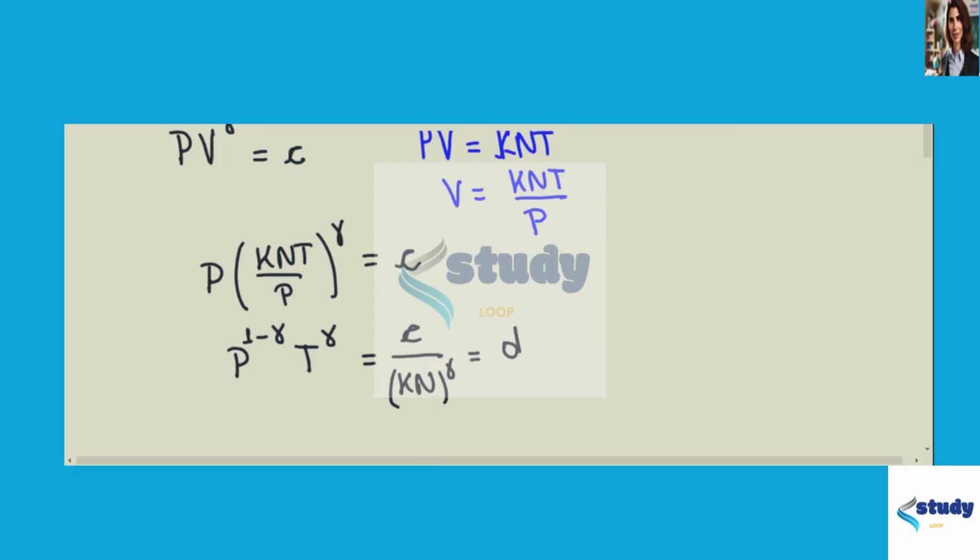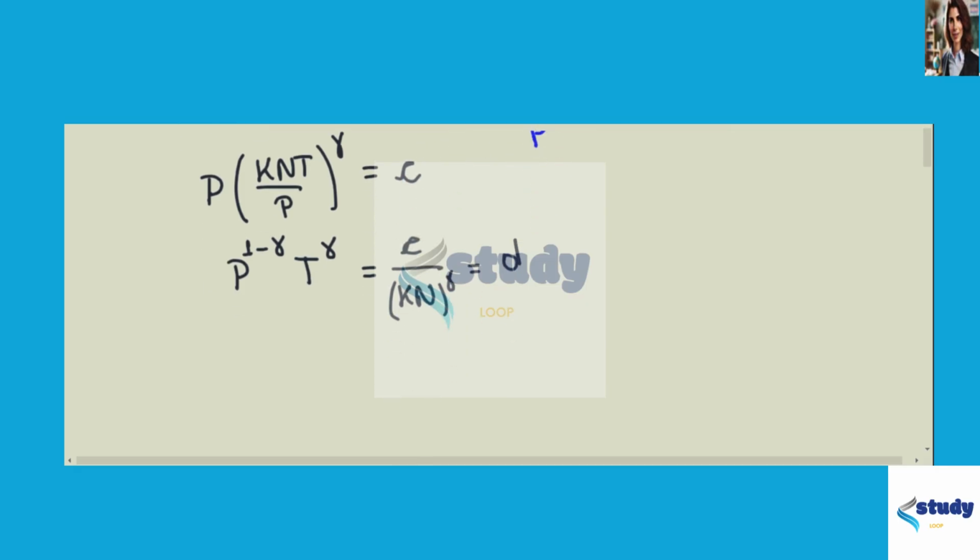I'm going to call this D. So P to the 1 minus gamma times T to the gamma is equal to D.